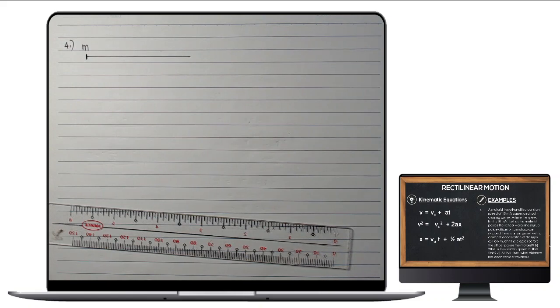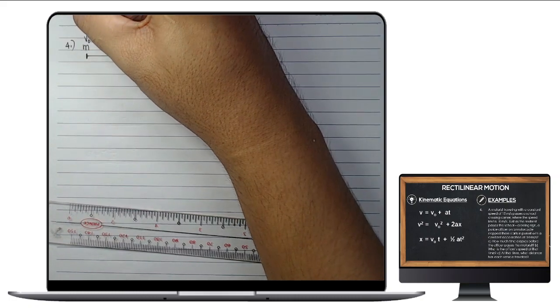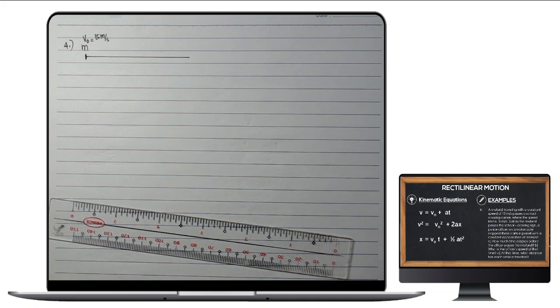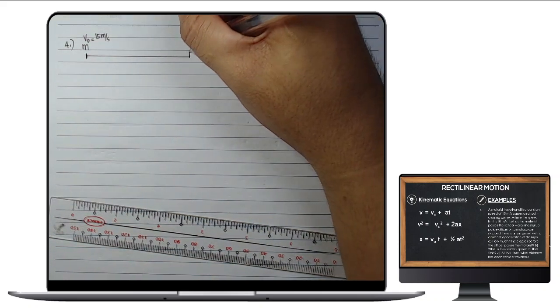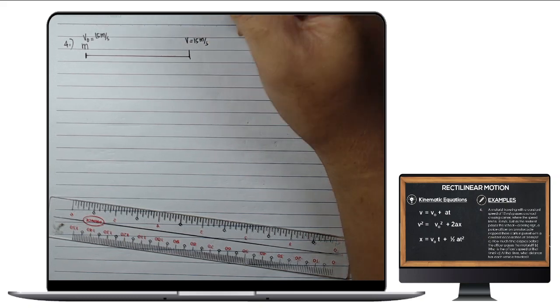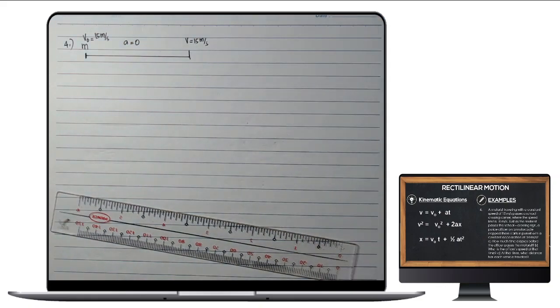So the initial velocity of the motorist as stated is 15 meter per second. And since he is running at a constant speed, its final velocity when they meet is the same 15 meter per second. Acceleration here is 0 for the motorist. Okay?